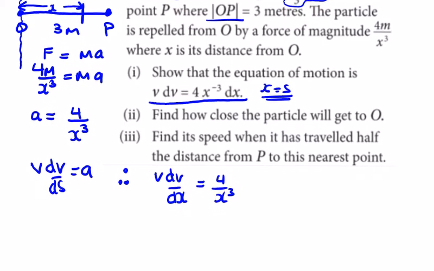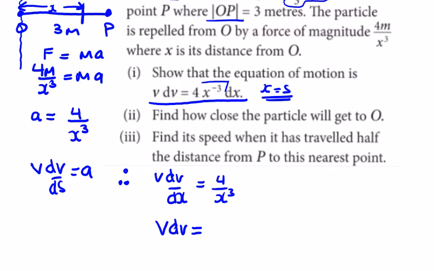So we want v dv, so I just multiply across by dx, so v dv is equal to, they wanted us 4x to the minus 3, so just bring the x cubed up, and we get 4x to the minus 3 dx for part 1.